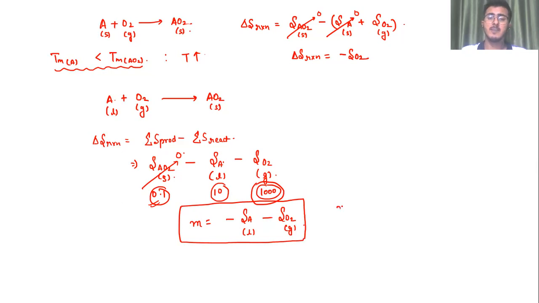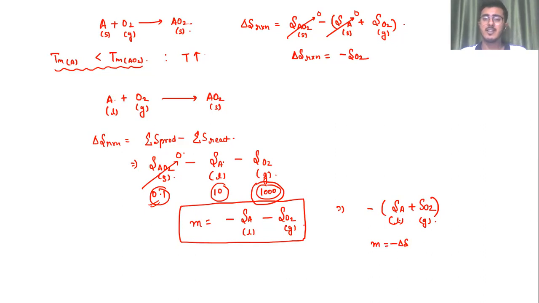If I take minus common, it is minus (S of A plus S of O2), where A is in the liquid phase and oxygen is in the gaseous phase. Now this entropy is much lower as compared to your first case, where you were obtaining just the entropy of the gaseous phase. So your M, which is minus delta S.